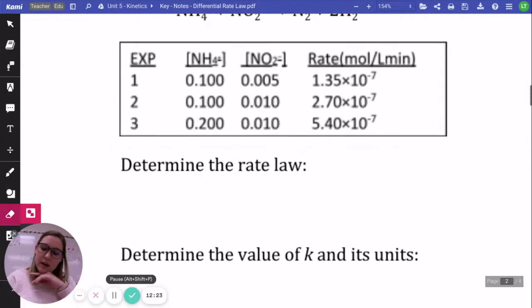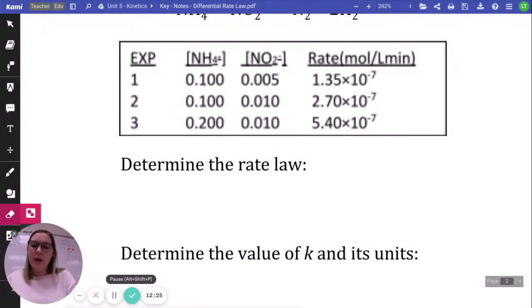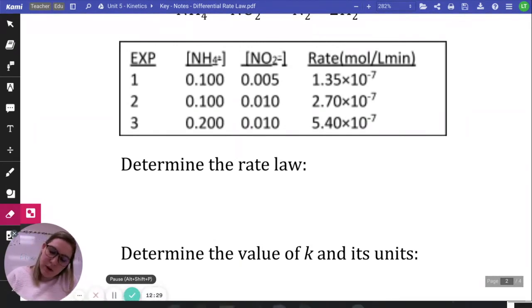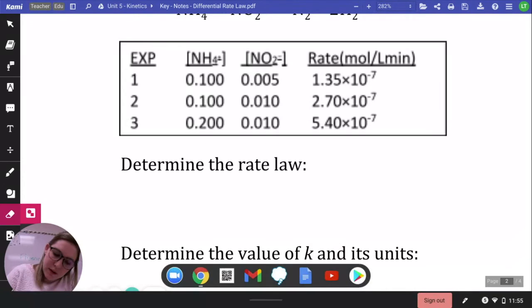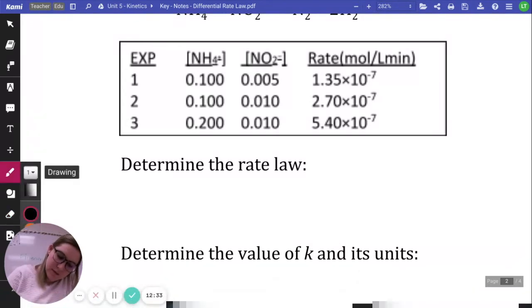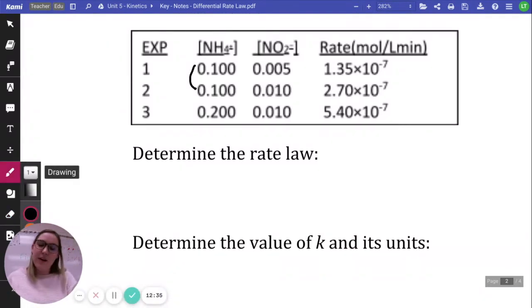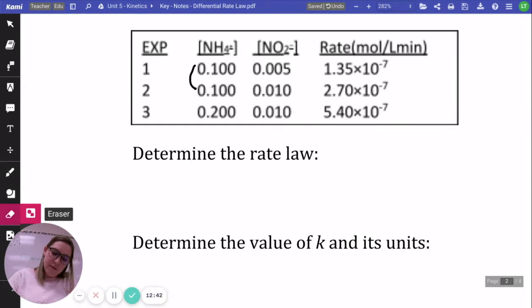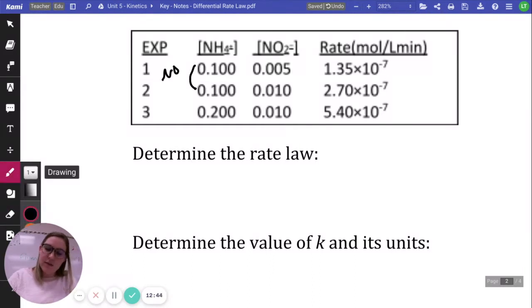So right here, we have our experiment. So in trial 1, we kind of have to analyze our data a little bit. All right, there we go. So as I go from experiment 1 to experiment 2, I have no change in my concentration of NH4.